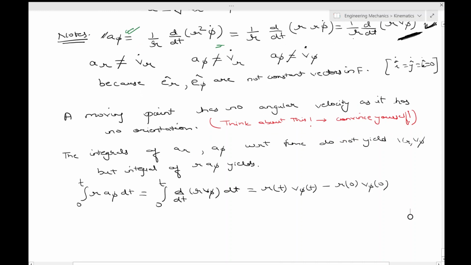This is equation 1.19. The integration of AR and A phi will not give you VR and V phi, but luckily the integration of R A phi is giving us R V phi. That's something very important to note, and it will be useful at some point when we start solving problems. These tricks help over there.